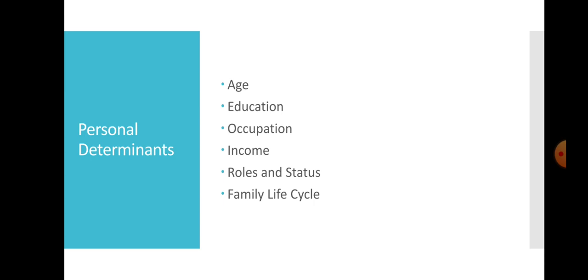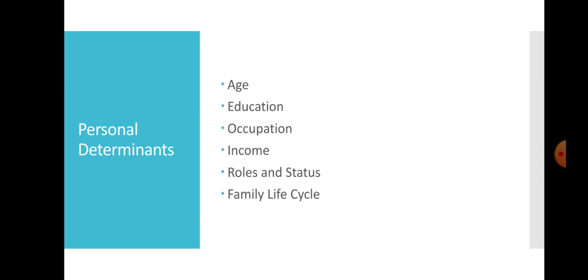Next variable in this category is income. It is very important, and in fact the most important factor which influences consumer behavior and consumer demand at the marketplace. Income is the purchasing power of the consumer, because whatever income he is getting has a direct, positive relationship with his demand.